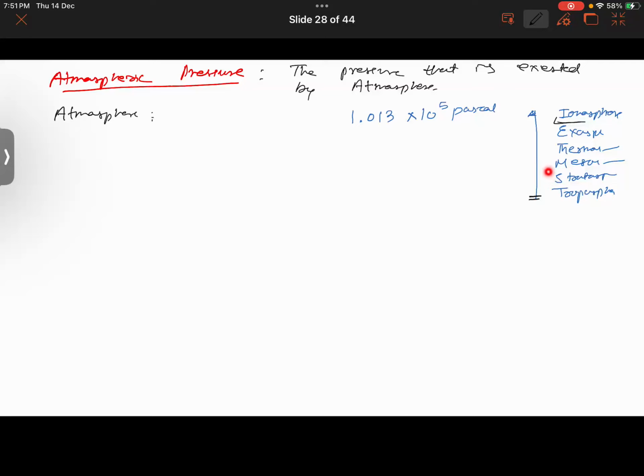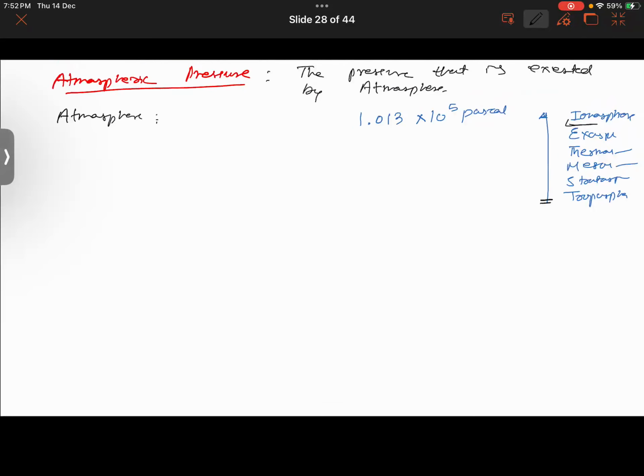Also, the lower layers are carrying the weight of the upper layers of the atmosphere because of gravity, right? So thereby maximum density is found in the lower layers of the atmosphere, right? And sea level पे हमें देखने को मिलता है कि atmospheric pressure maximum होता है. Getting it now?